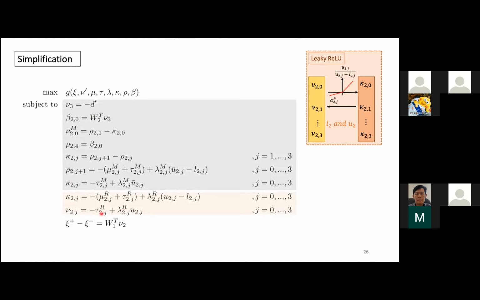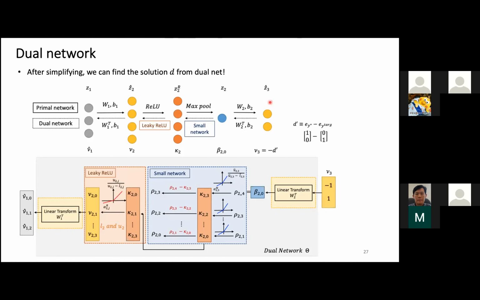So if we eliminate it, we can get the leaky ReLU here. Now we have the kappa, and we pass it through the leaky ReLU to get a new two, and pass a linear transform to get the new one. Then we can connect all blocks into a network form.